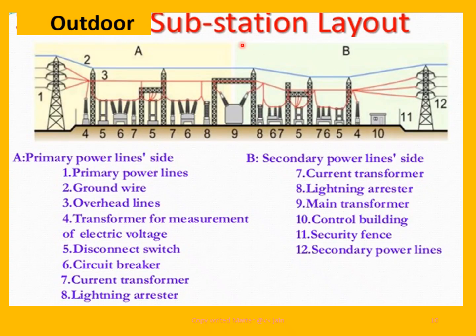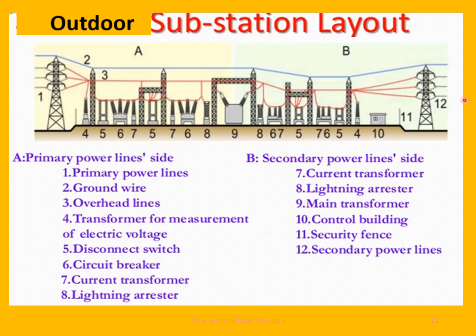Now the main components are here: the transformer, which is getting 33 kV supply, and through these are the gantry systems: gantry 1, 2, 3, 4, 5, and this is the transmission tower for the secondary side of the transformer.